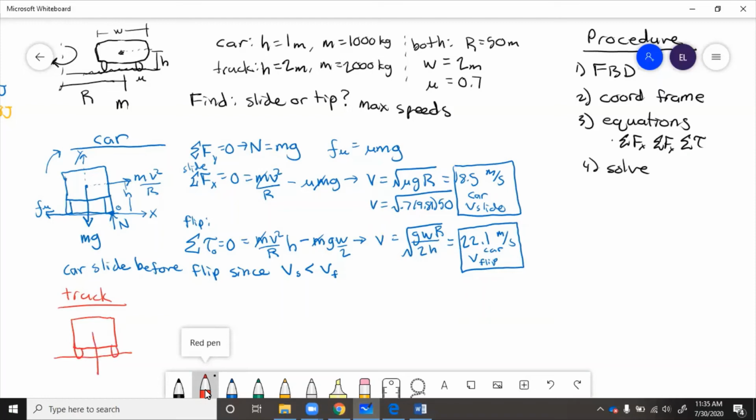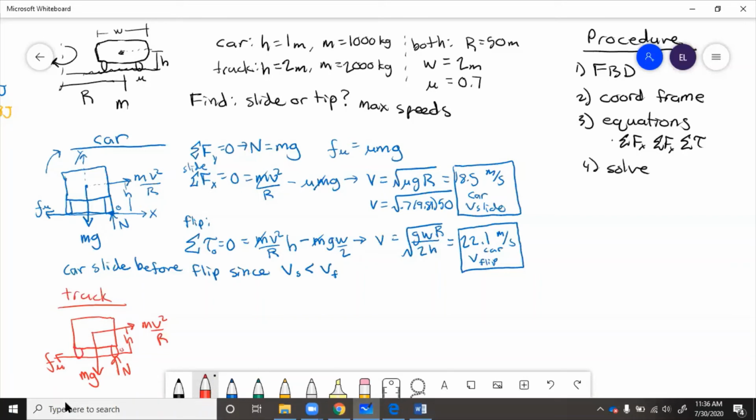So we've got mg, normal force, friction force, centripetal force. Okay, so free body diagram looks the same, but what changes is the dimensions and the mass.